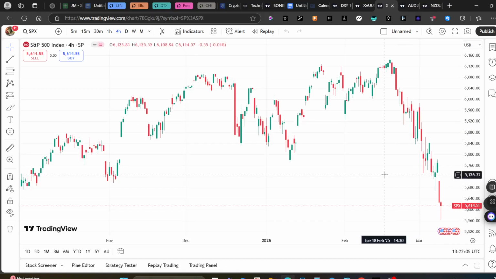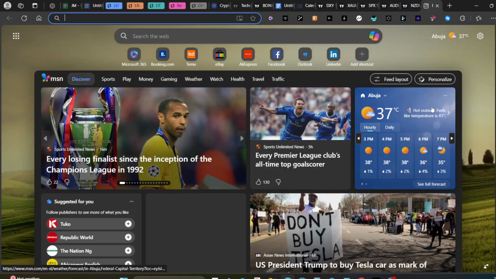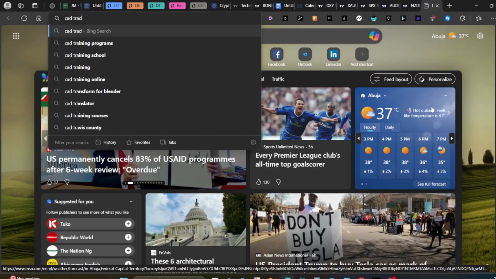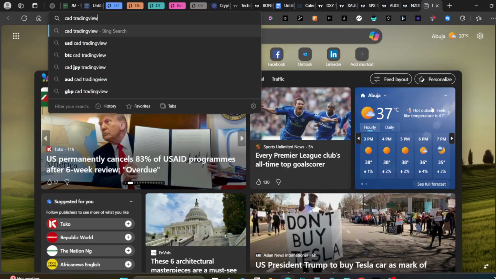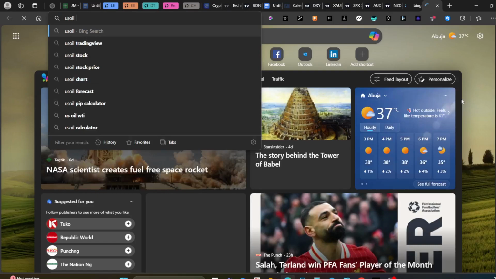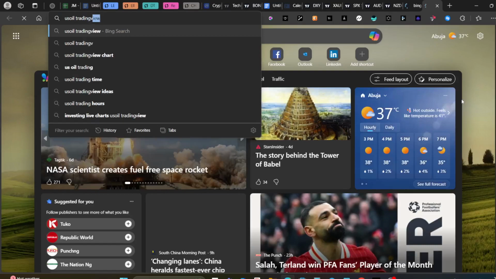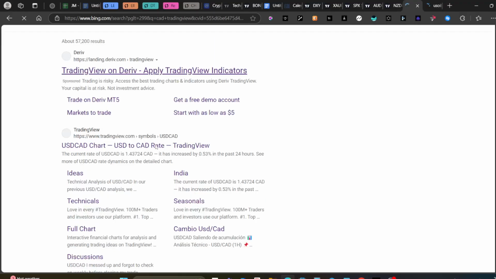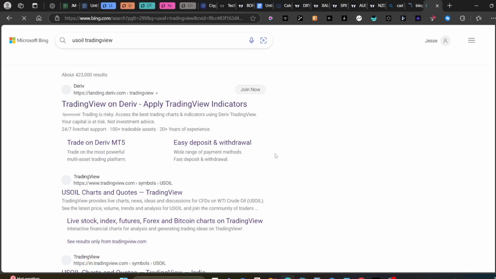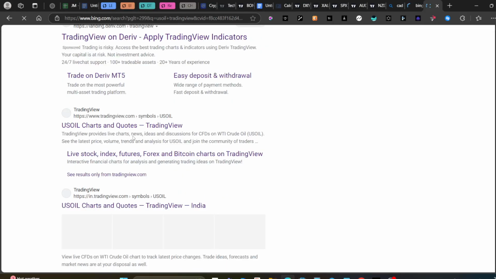All right, now talking about oil prices and the Canadian dollar, let us look at oil prices and the Canadian dollar. Since Canada is a major oil producer, the CAD is closely tied to oil prices.